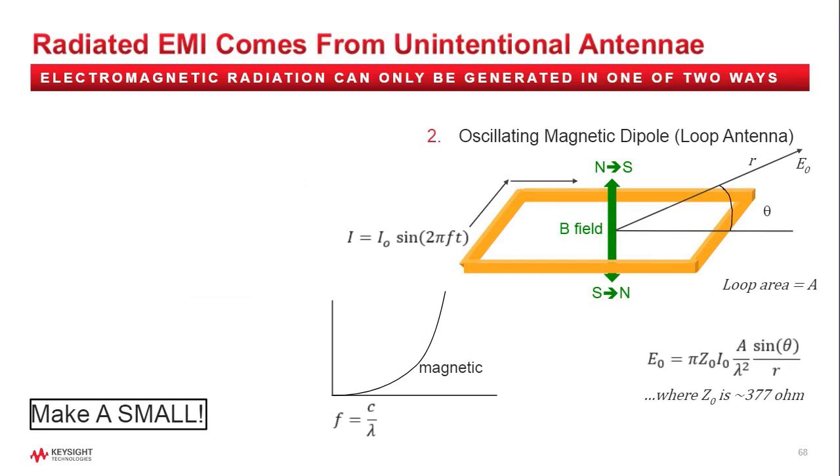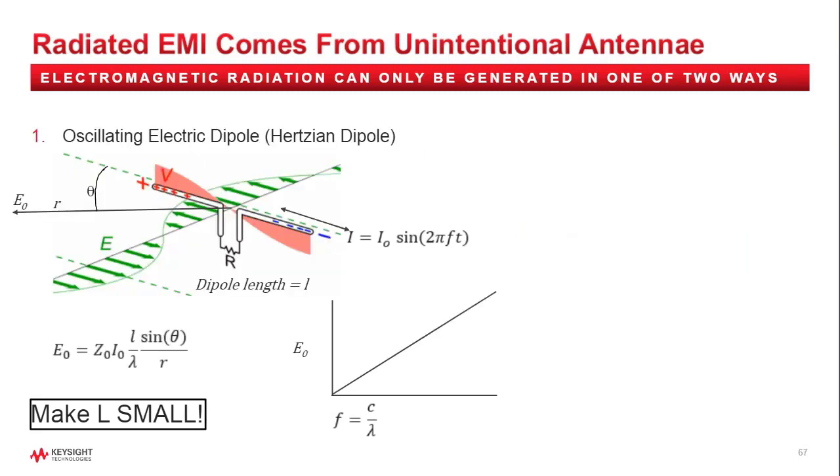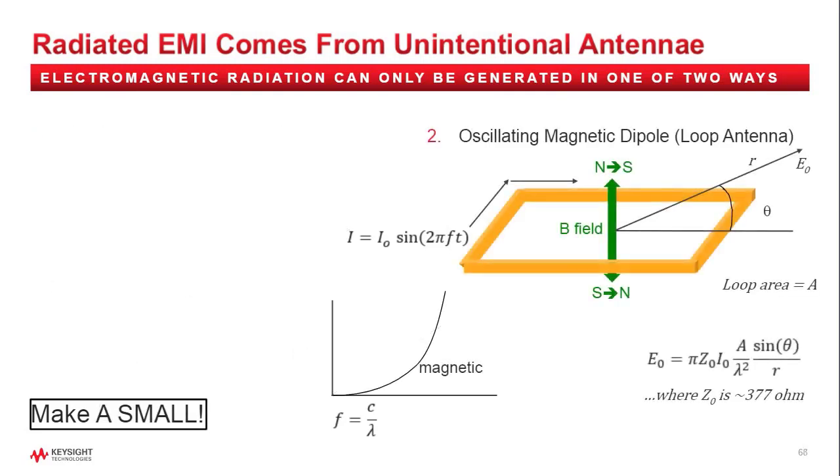a loop antenna. The effects that are associated with these two that make them good antennas are the separation distance for the dipole, the length of the dipole, and also the loop area of this loop antenna. So paying attention to this distance L, the dipole length, keeping it short, and this loop area A of the loop antenna can help you clobber some of the capabilities of these as efficient radiating antennas.